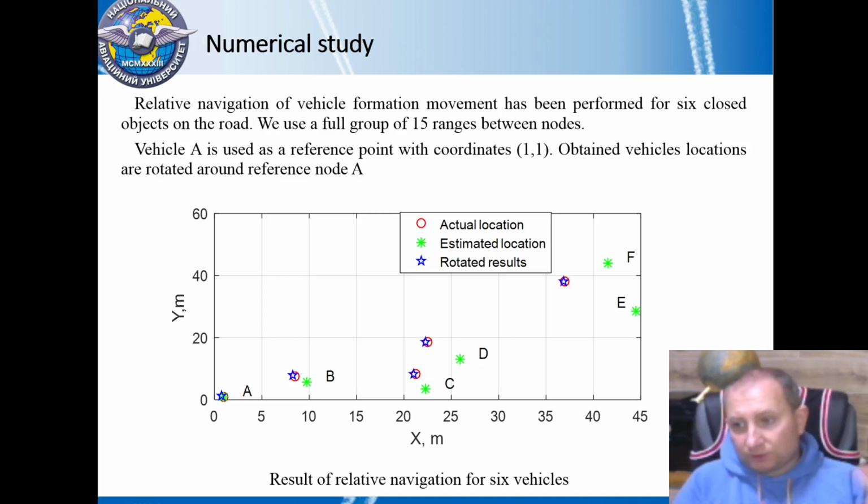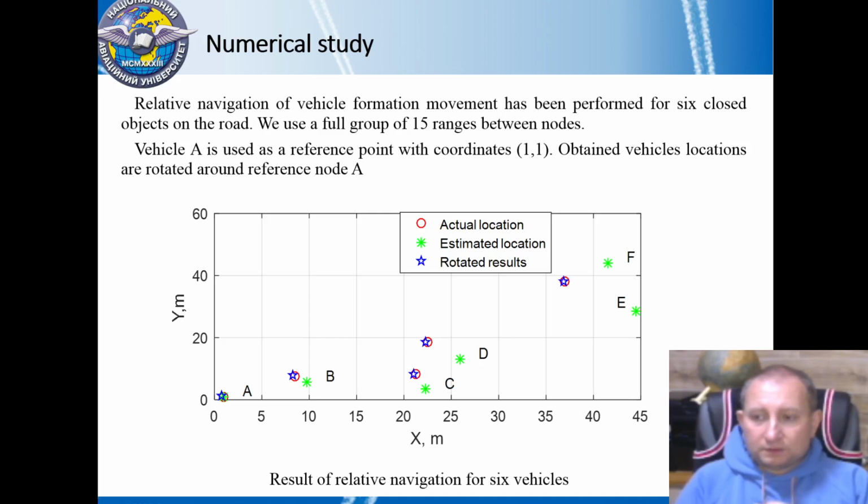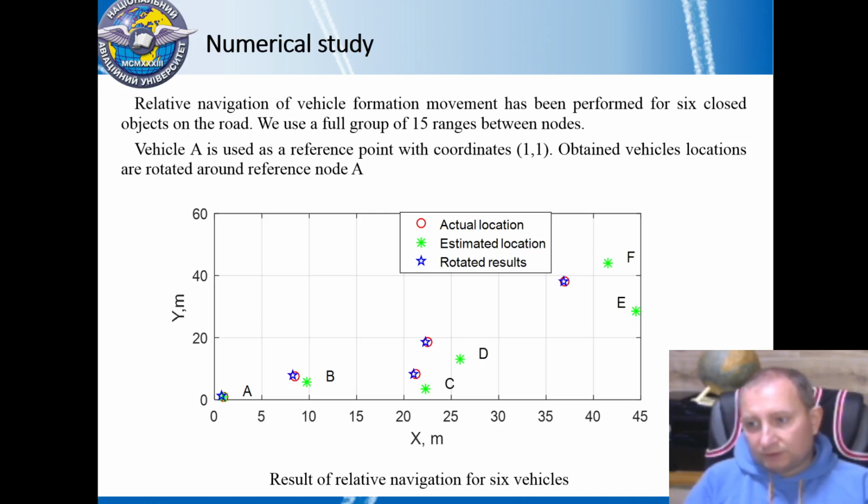And in the case of cars, we need to measure the coordinates of two vehicles. And then by known ranges, we can count the coordinates, latitude and longitude, of each vehicle in our formation.